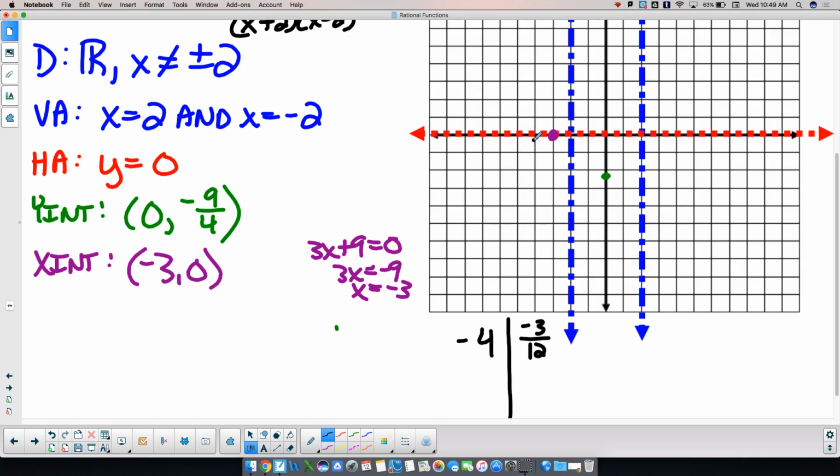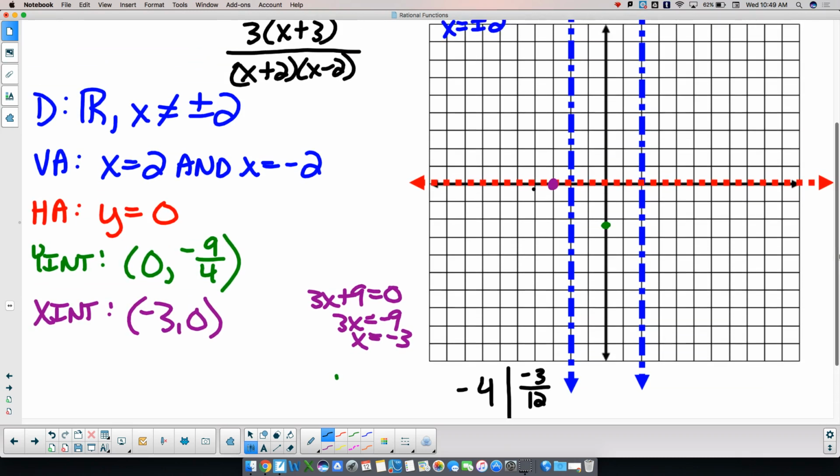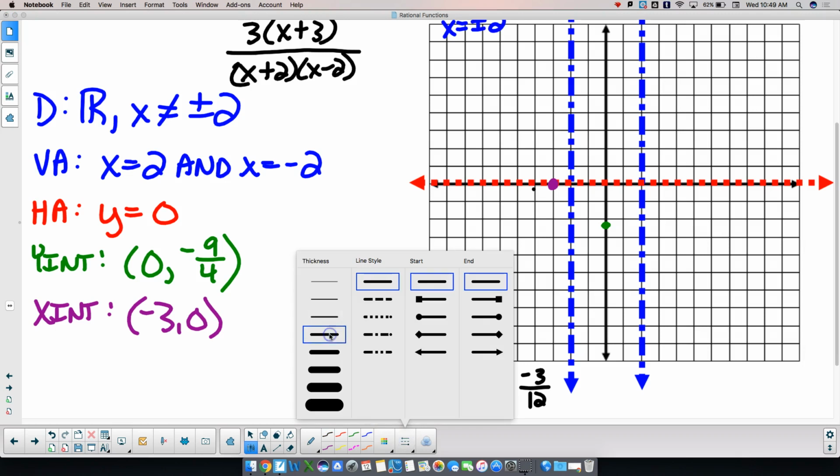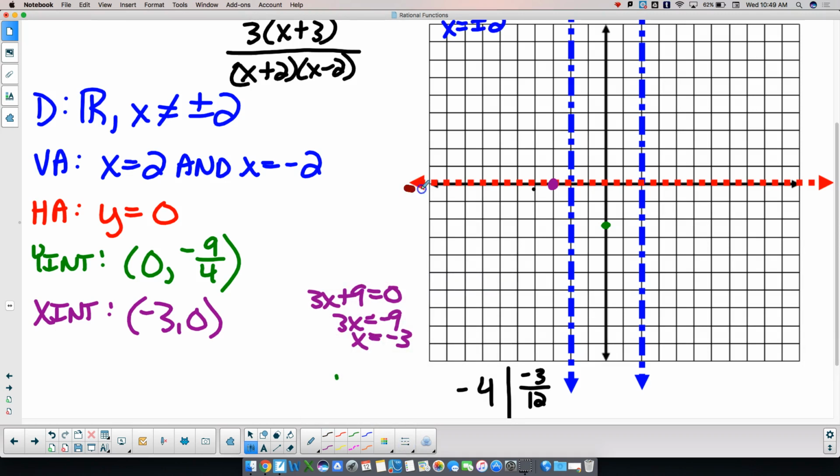Because it's got to turn to the asymptote and it only crosses once, this side here is going to come from below and then cross over. It's going to look like that.